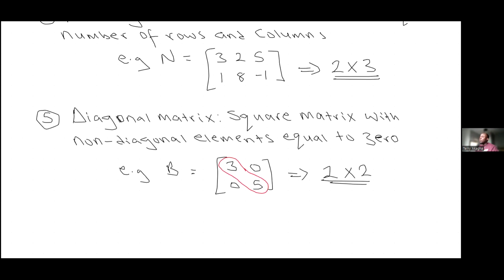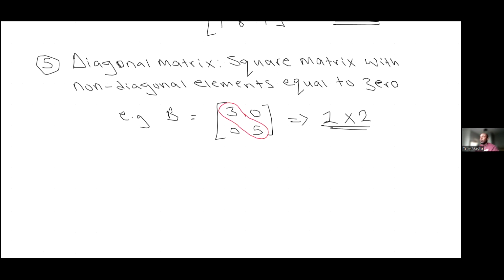Now you can pick another one. Let's assume we're picking a 3 by 3 matrix. So let's say matrix H, and we have it to be, let's say, 3, 0, 0, 0, 7, 0, and we have 0, 0, let's say 9 or 3 or 1.